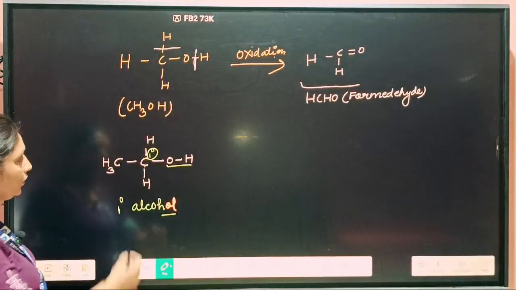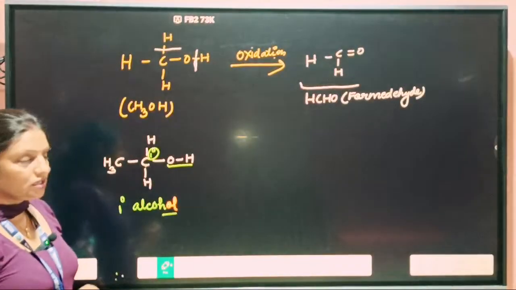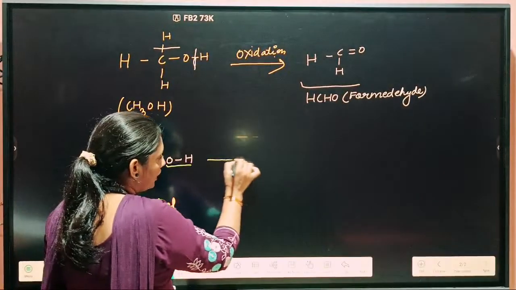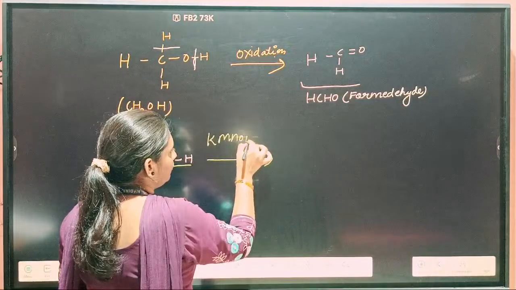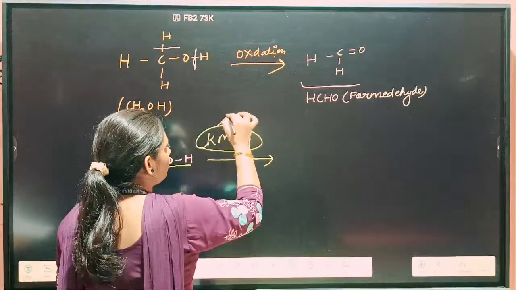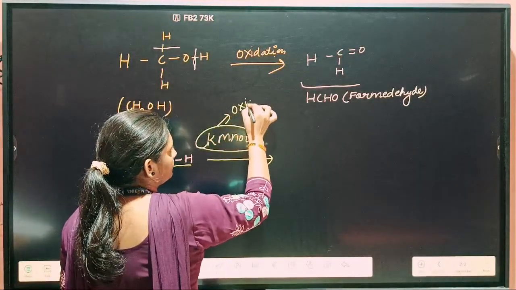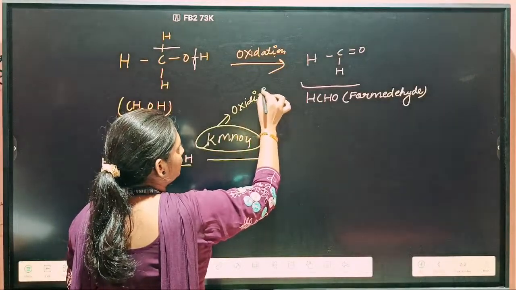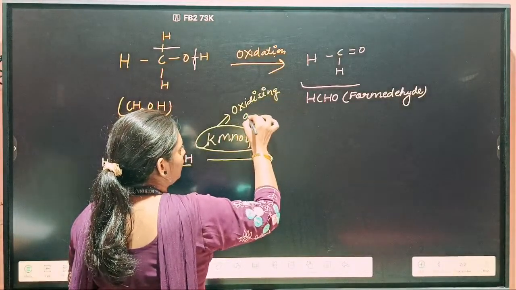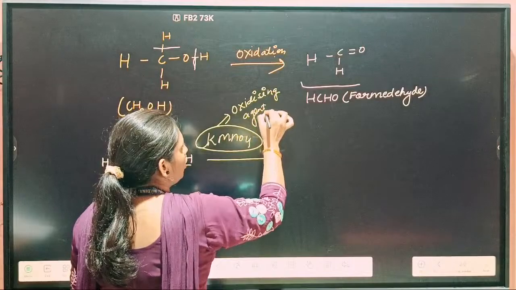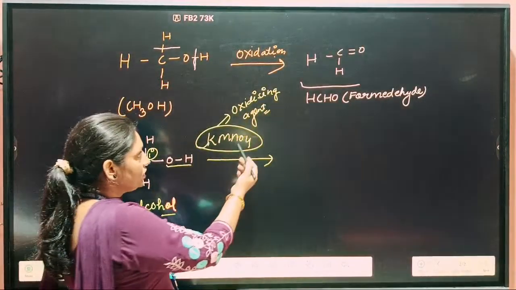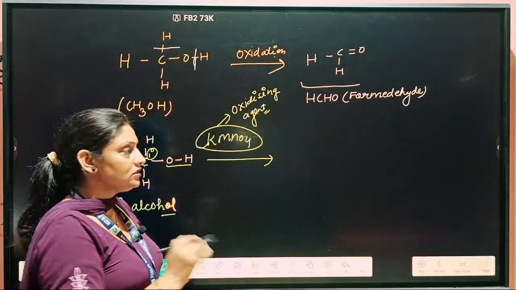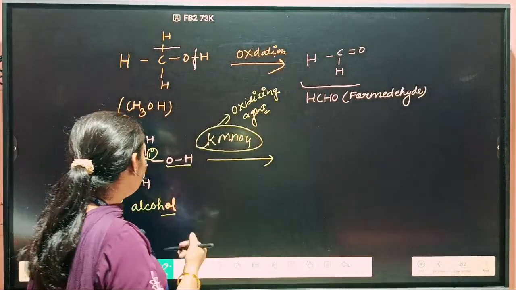Students, if we do oxidation of this in presence of potassium permanganate, potassium permanganate is a strong oxidizing agent. Because we are doing oxidation, and oxidation will take place in presence of an oxidizing agent. And if we do it in presence of the strong oxidizing agent, that is KMnO4, what will happen?